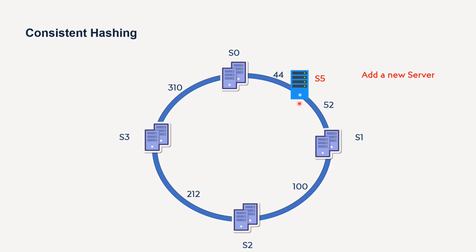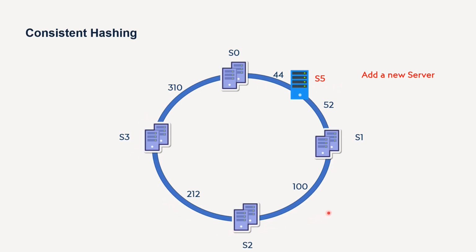Now the key 44 is not looking at S1. If you go in the clockwise direction, 44 will belong to S5. So S1 will transfer 44 to S5. The shuffling of keys is happening only between S1 and S5. Other servers are not impacted.